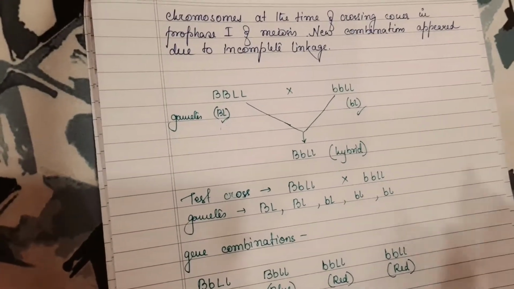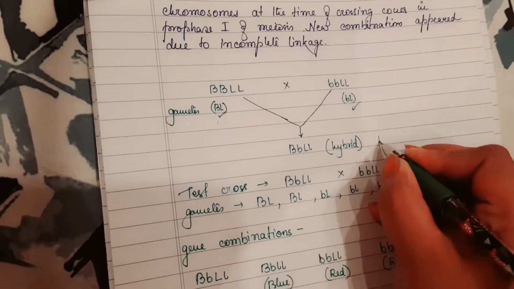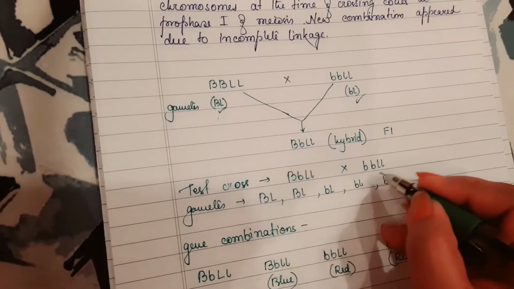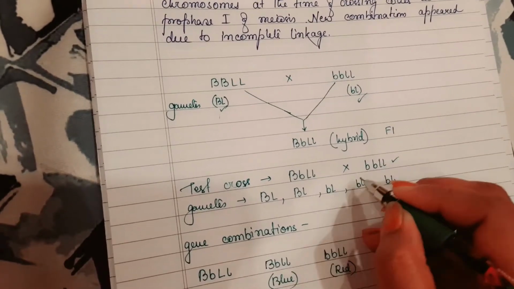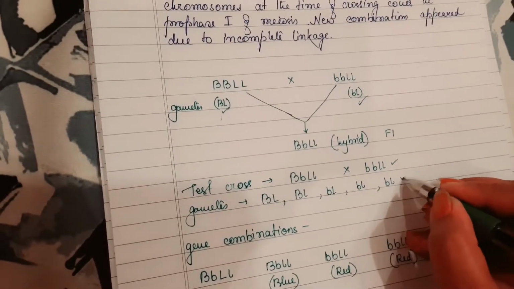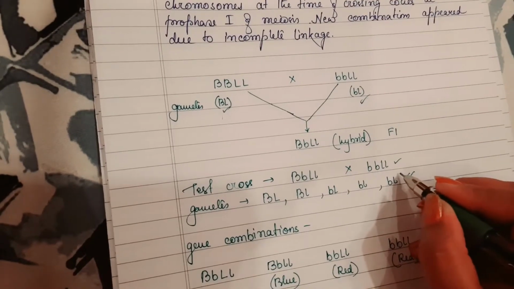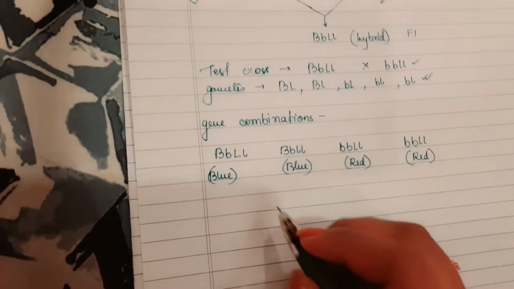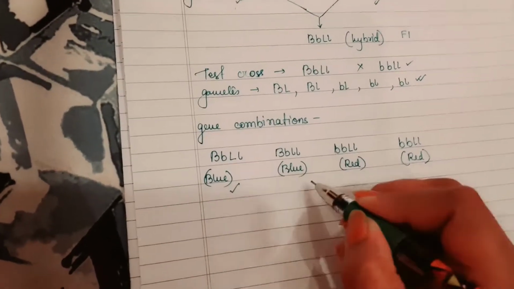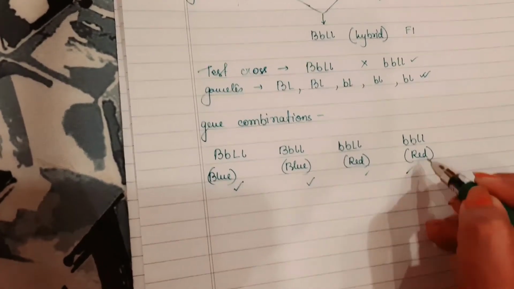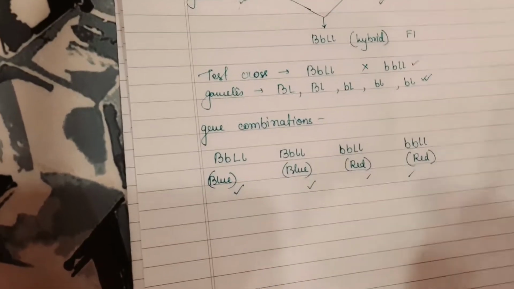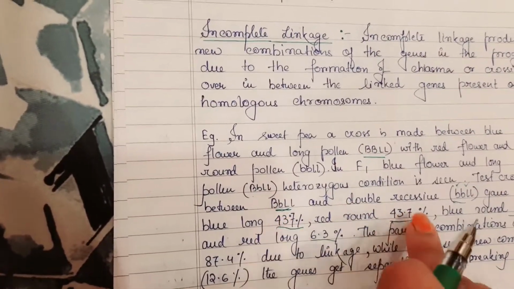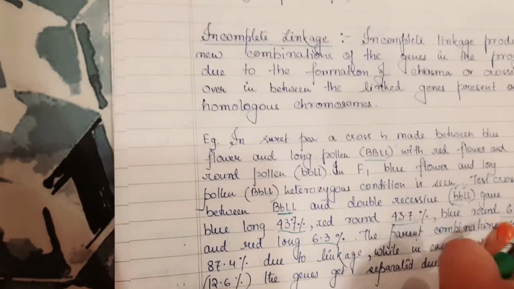And this is the F1 hybrid. Then test cross with the double recessive yields these gametes. Now see the gene combination. This is blue, this is blue, this is red, this is red. This is what we had discussed. See, these two are equal, these two are equal.